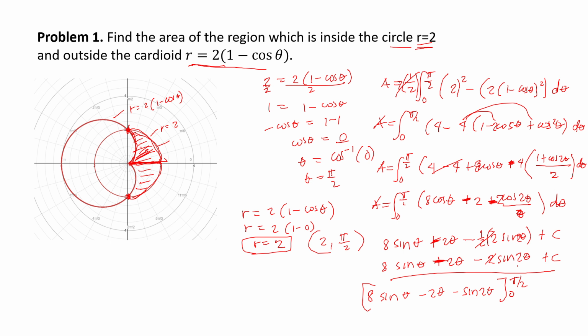So let's copy this one. Area is equal to 8 sine theta minus 2 theta minus sine 2 theta from 0 to pi over 2.